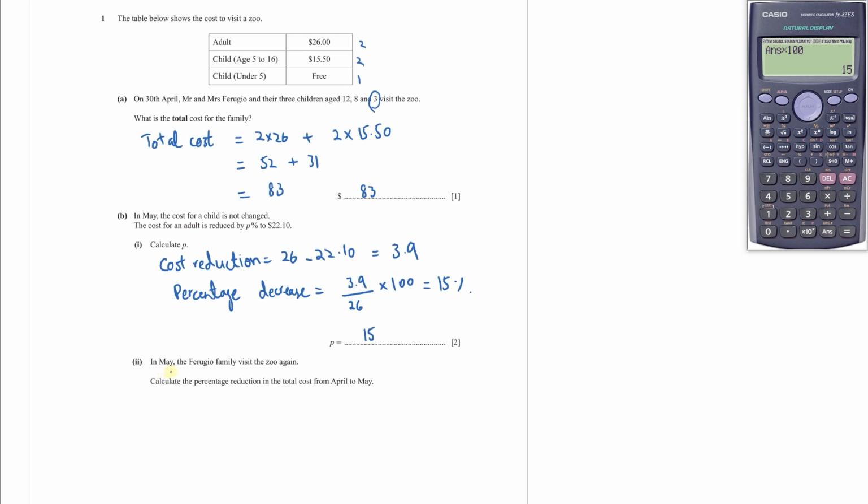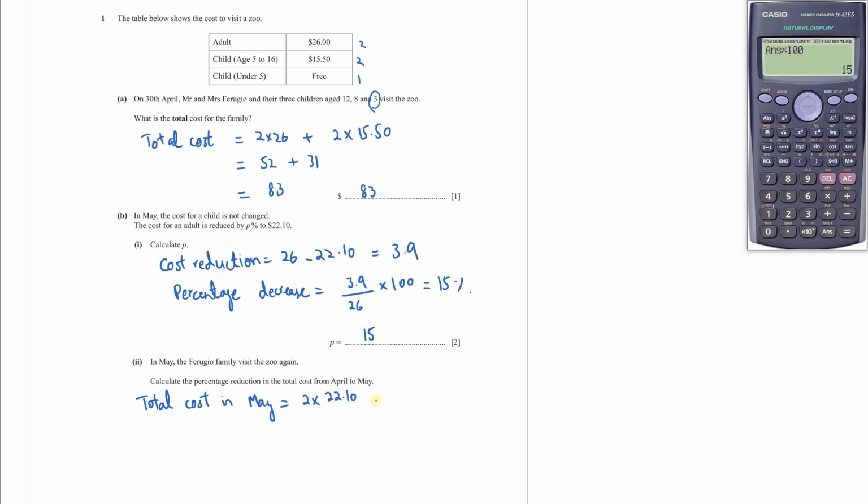Part 2: in May, the Ferruggio family visit the zoo again. Calculate the percentage reduction in the total cost from April to May. The total cost in April is $83, so first we need to find the total cost in May. The total cost in May is 2 times the adult ticket cost, which is $22.10 in May.